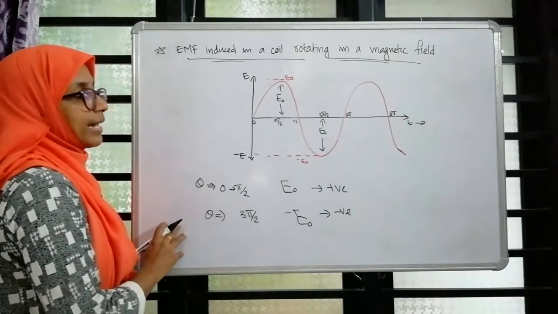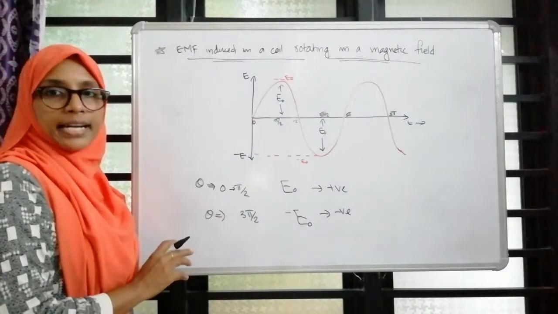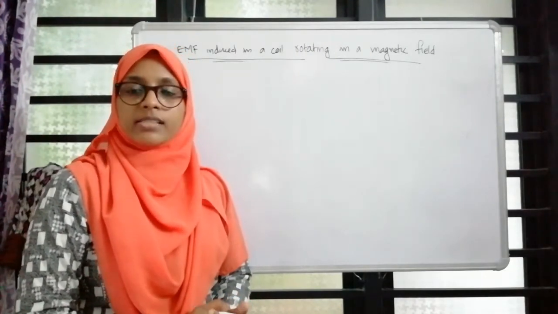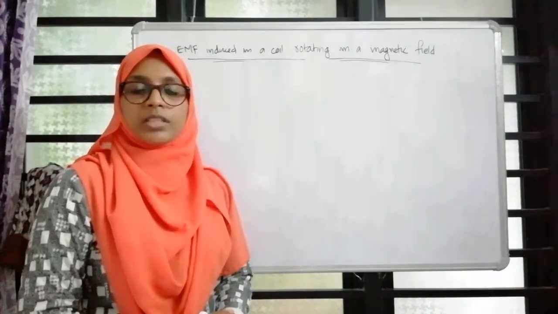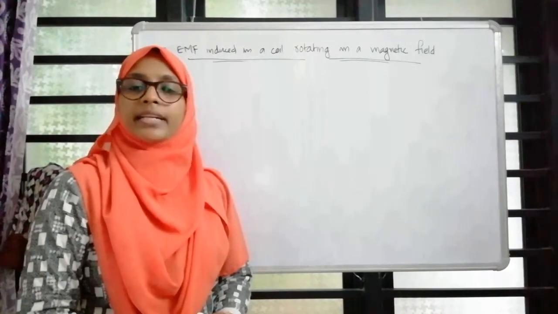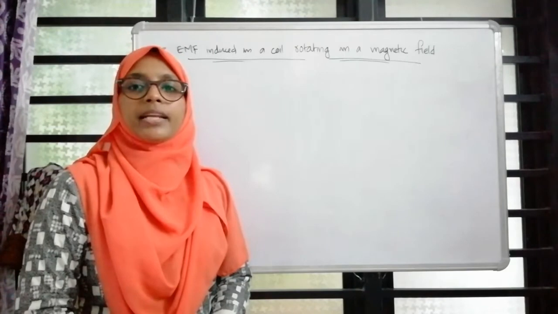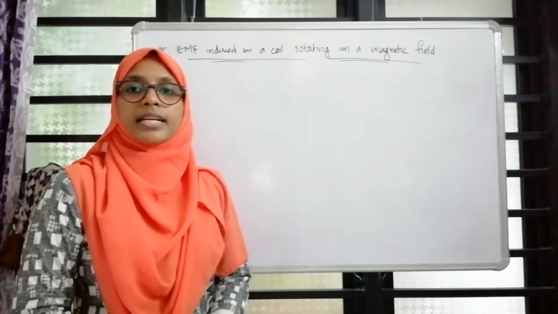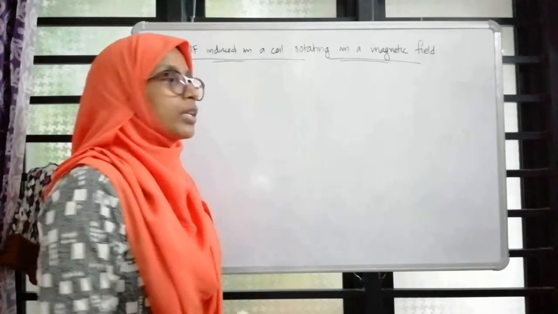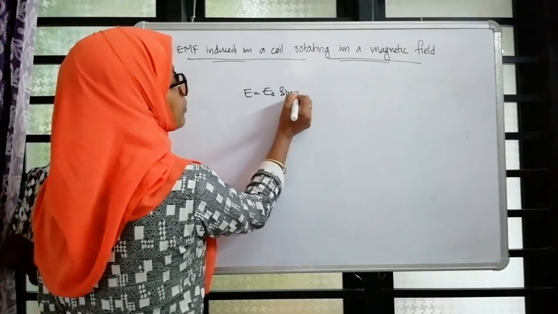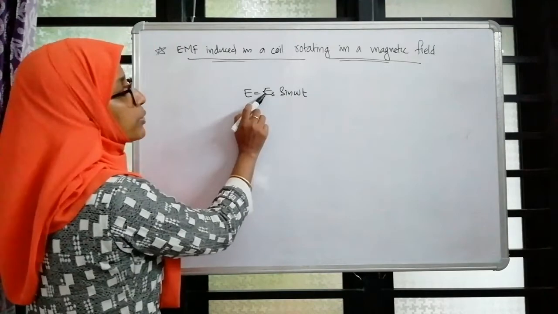That is the property of an alternating EMF. This type of EMF is known as alternating EMF, which varies both in magnitude and direction continuously. When an alternating EMF is applied to a circuit, an alternating current is also produced. We know E is equal to E0 sin omega t, where E0 is the maximum induced EMF.